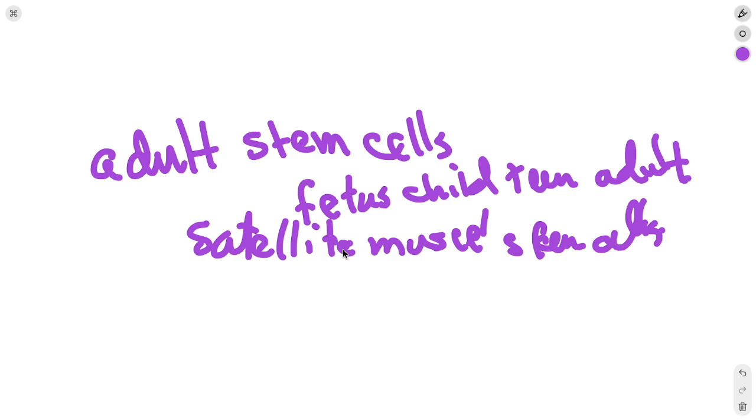Distinct from them are embryonic stem cells that are present only in the very earliest embryo, just the first few days of pregnancy, and it's actually all the cells in the very first embryo, and it's only mammals. So that's a different kind of stem cell.